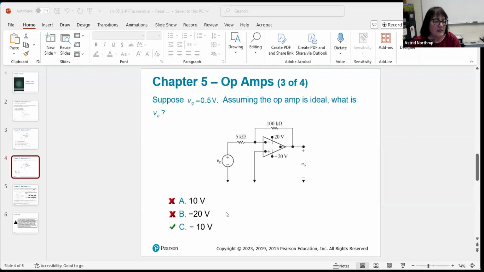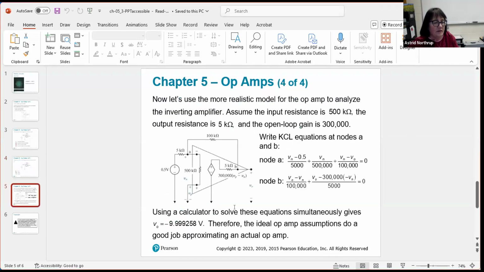The next step is to compare. Here's our op-amp, and we find that the voltage is negative 10, just like we said from our work before. We want to compare that to the voltage we would calculate using the old standard methods.